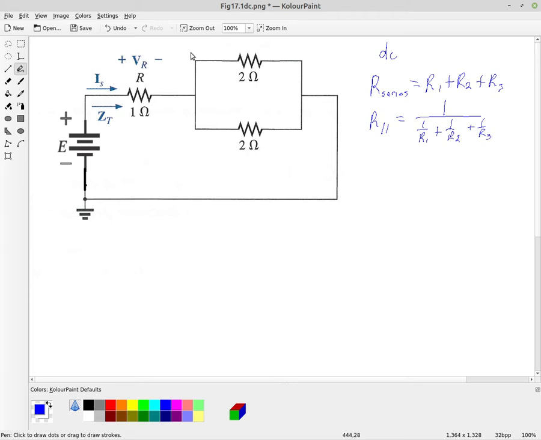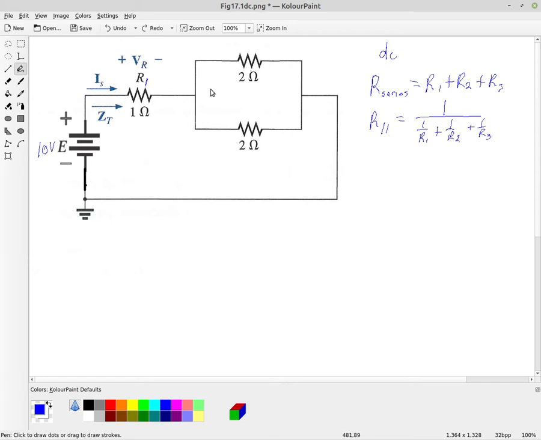So what we want to do is take this circuit here, and let's say that we have a 10 volt DC source, and we have one resistor, call it R1, which is a 1 ohm resistor, and this is in series with our supply.